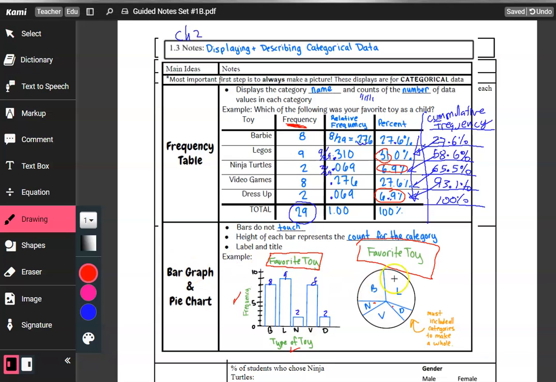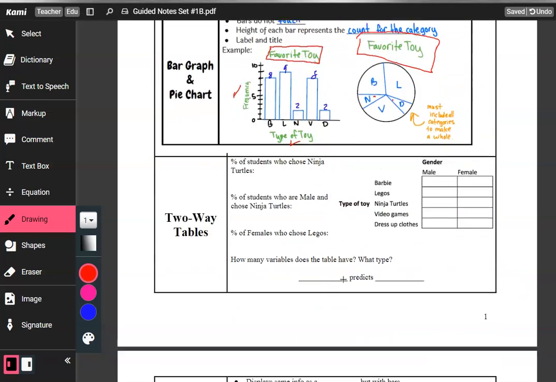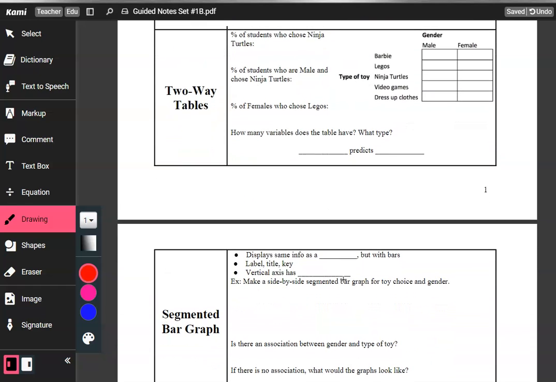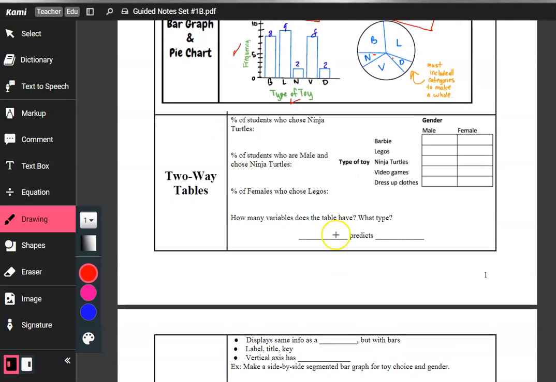Next is two-way tables. So let's spend some time here on the two-way tables. Here is some data that you're going to need for two-way tables, and I'm gonna write it right here. So let's fill this out.